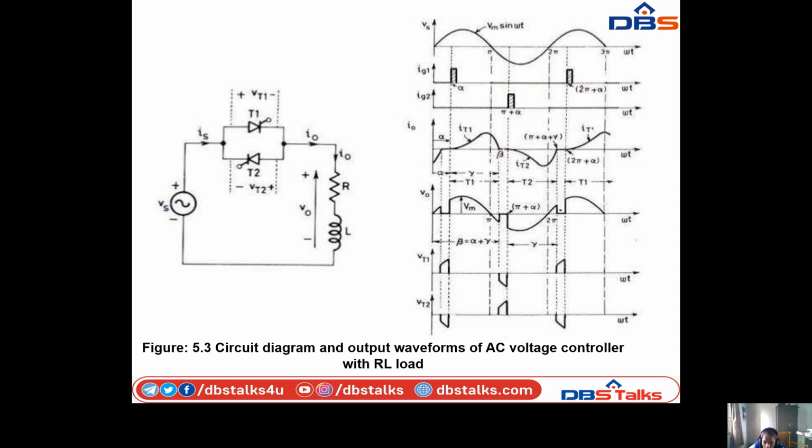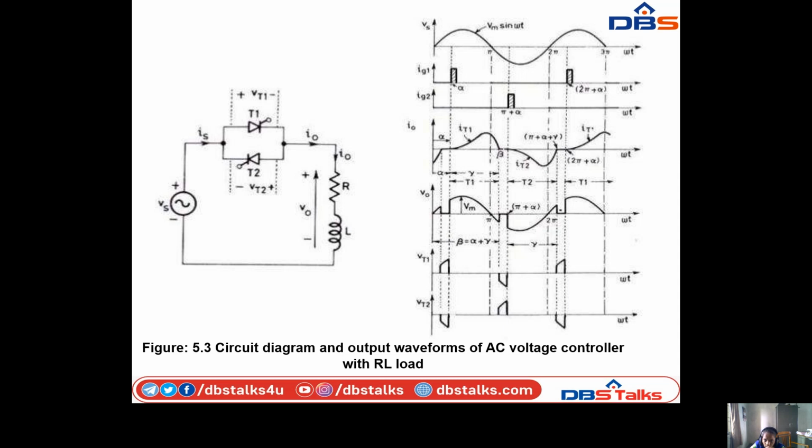up to beta. So here there is an overlap. There is a scope for overlap. Why? Because here an inductor will be there, so it will conduct up to beta. Again after that, at pi plus alpha, another thyristor T2 will be triggered and the current flows through this T2 thyristor in negative mode, and it will conduct up to pi plus alpha plus gamma.